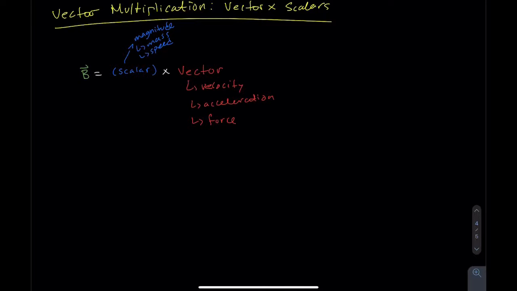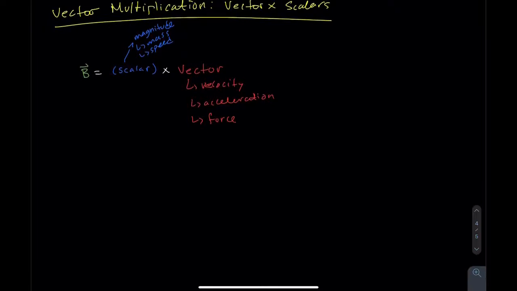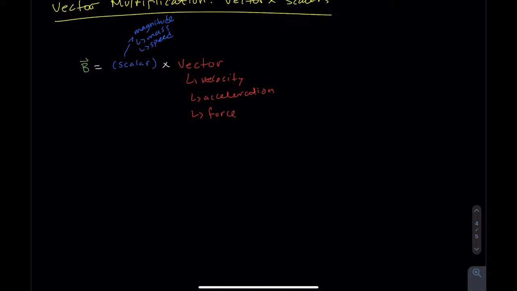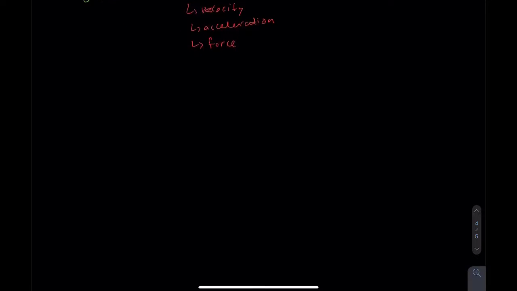These things are all vectors. And whenever we're talking about multiplying a vector by a scalar, we're really just talking about different multiples of that vector. That idea can be kind of confusing, so I'm going to draw this out. Let's say we have this generic vector v.